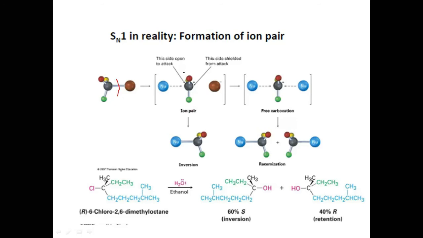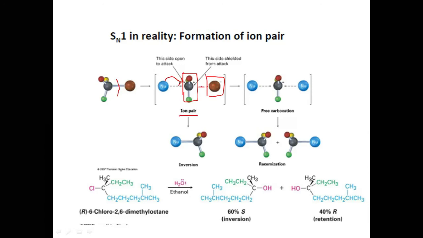This ion pair means the carbocation as well as the leaving group are not completely in the free state. Still, there is a certain kind of interaction, and the leaving group tries to leave out. And the nucleophile, in such cases, prefers to attack from the backside. Okay, this is the ion pair state.